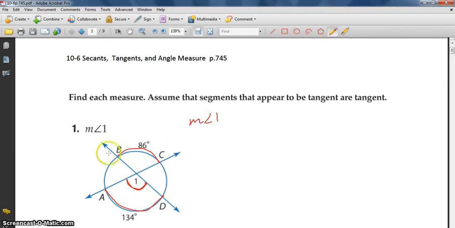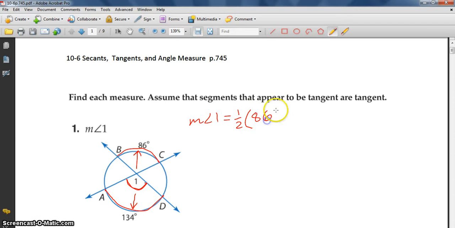So when two secant lines intersect, if you want to find this angle, look for this arc and then for this arc directly opposite or across from it. And you set up your equation this way. The measure of angle 1 is equal to half of the sum of those two arcs.